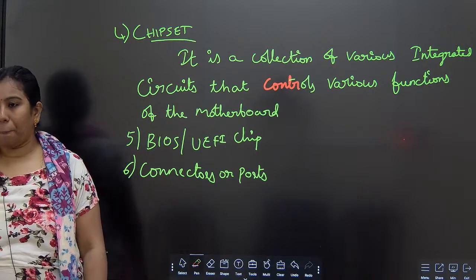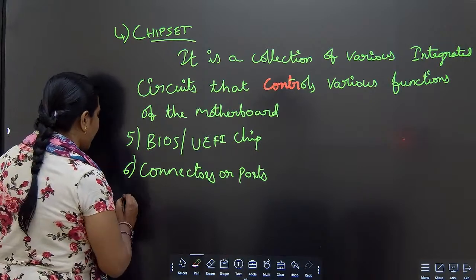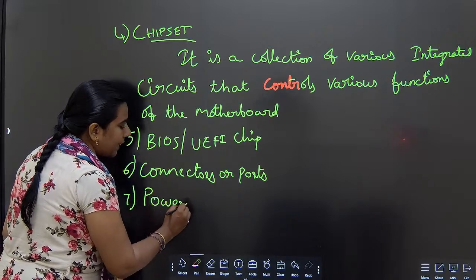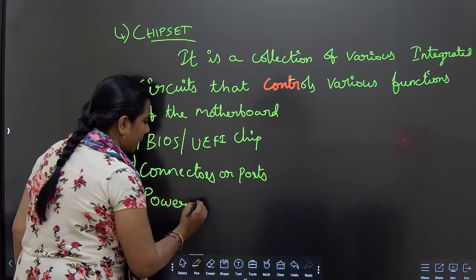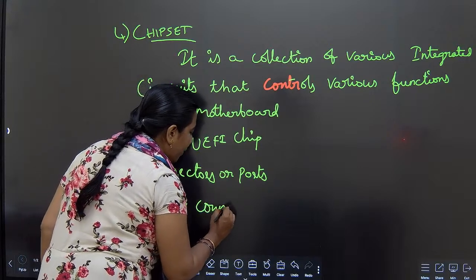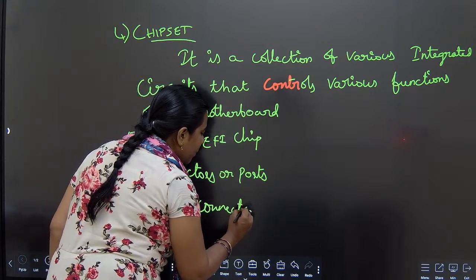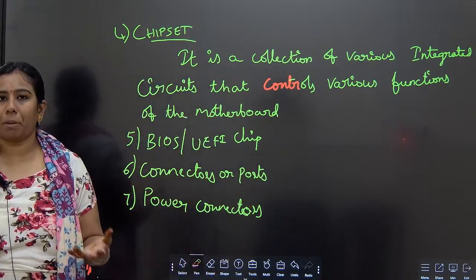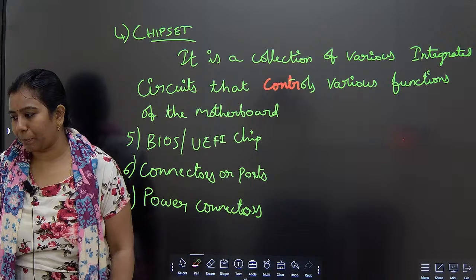Next are the power connectors. What are power connectors? We know that for any electronic device, power should be there. Using these power connectors only we can supply power to the motherboard or the computer system.